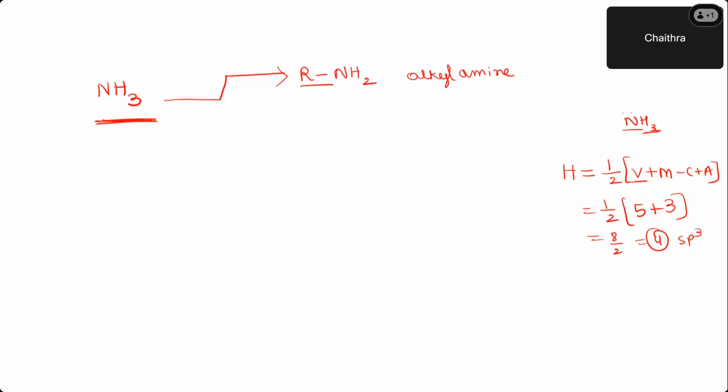It can be anything. Secondly, I will replace one of the hydrogens by an aryl group. Aryl group means C6H5 group. You can also write a benzene ring instead of Ar. This is called an aromatic amine, or you can also call it an aryl amine.